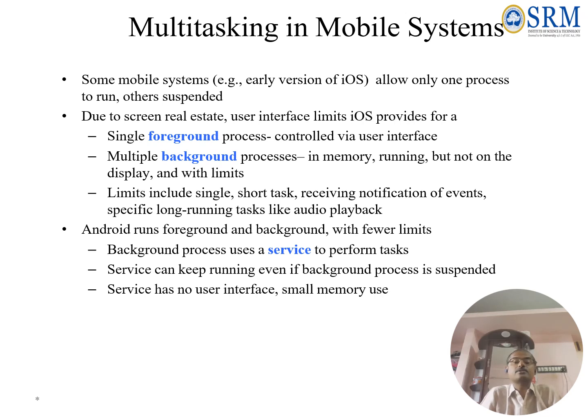Limits include a single short task, receiving notification of events, and specific long-running tasks like audio playback. Android runs foreground and background with fewer limits. A background process uses a service to perform tasks. A service can keep running even if the background process is suspended. A service has no user interface and small memory use. So multitasking in mobile systems is somewhat restricted.